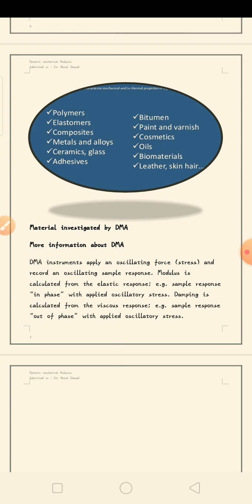Modulus is calculated from the elastic response, meaning the sample response in phase with the applied oscillating stress, and the damping is calculated from the viscous response, meaning the sample response out of phase with the applied oscillating stress.